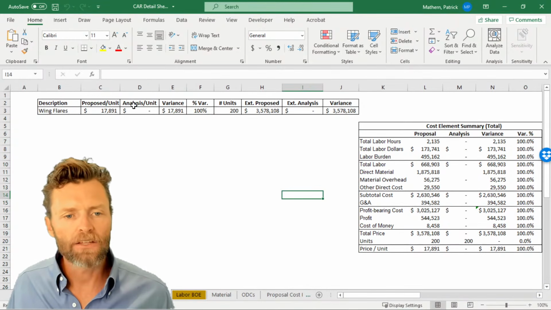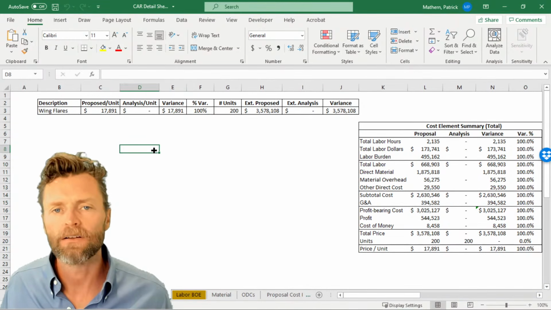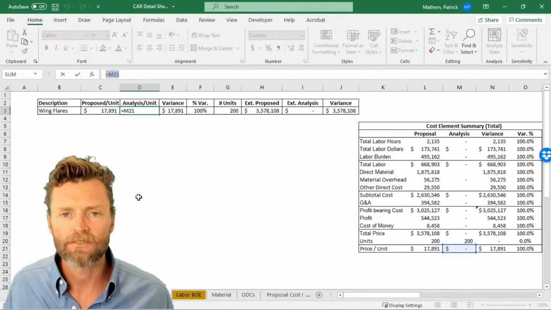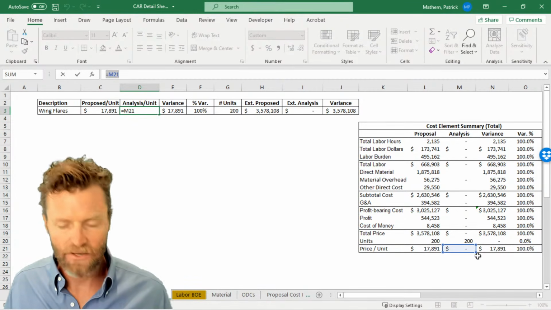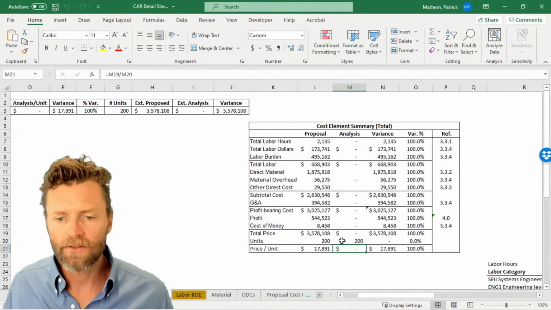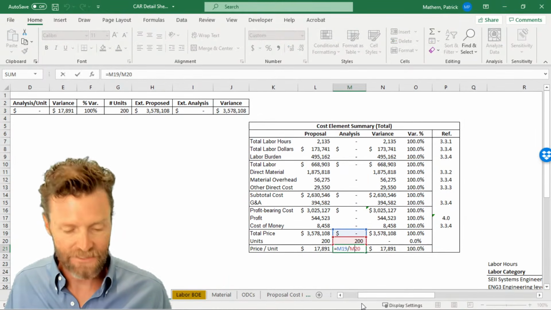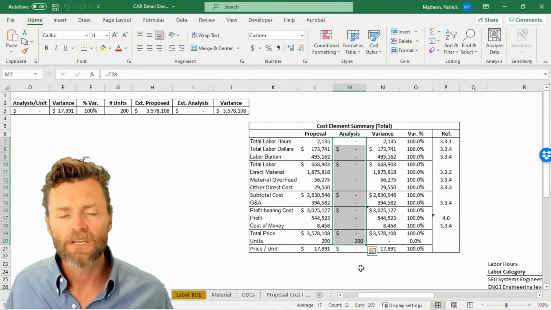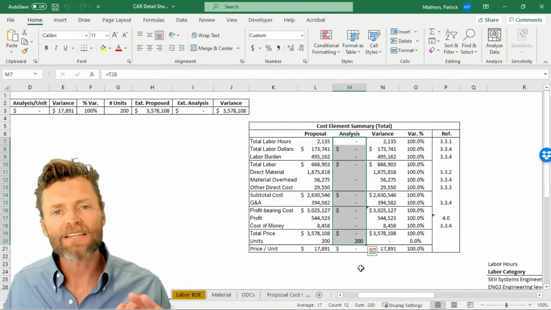And you can also see my top level summary here. Notice that in my analysis, it refers to other cells. M21 is down here, so my total analysis per unit refers to this cell. Now this cell is linked to all of these. All of this is tied together. This is a key best practice.